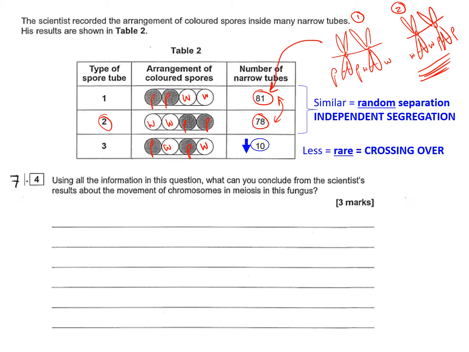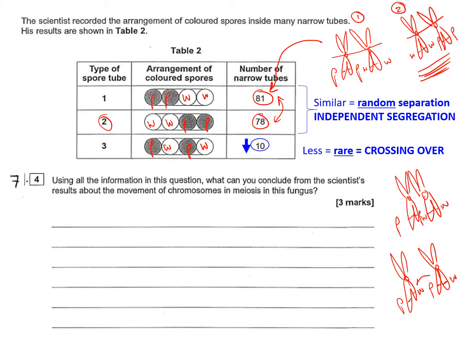So if we draw out the same bivalent with the sister chromatids, if you had this to start with, so it was pink, pink, white, white, imagine there was crossing over. So what would happen with crossing over is this. You'd have pink, white, right.